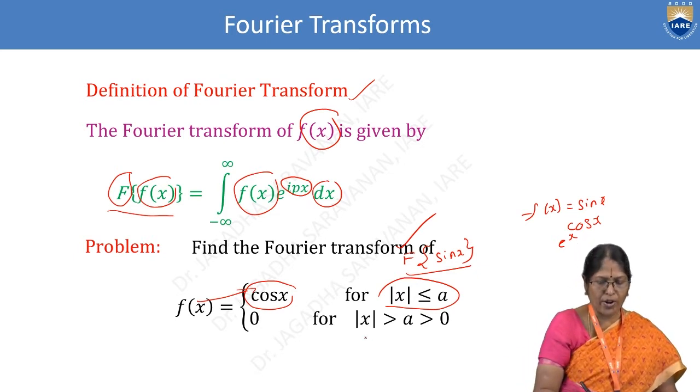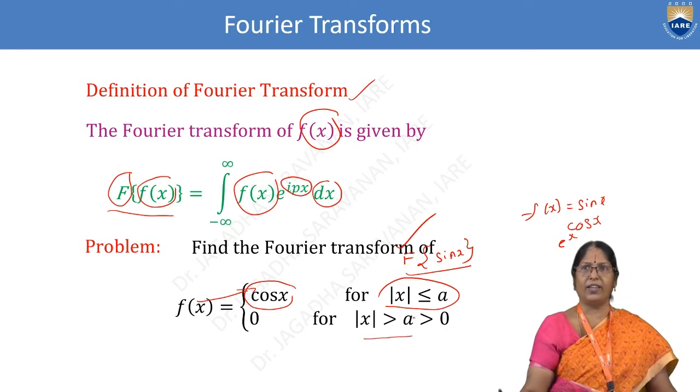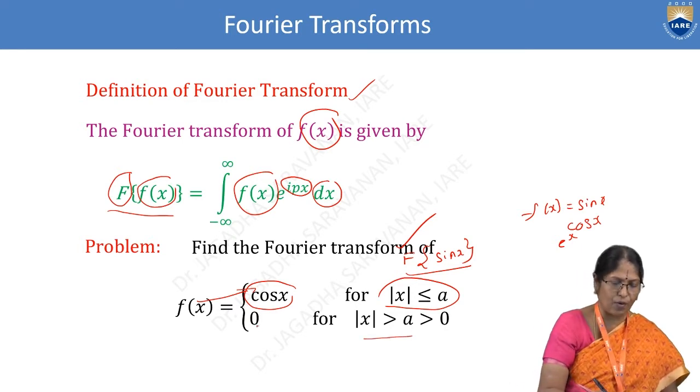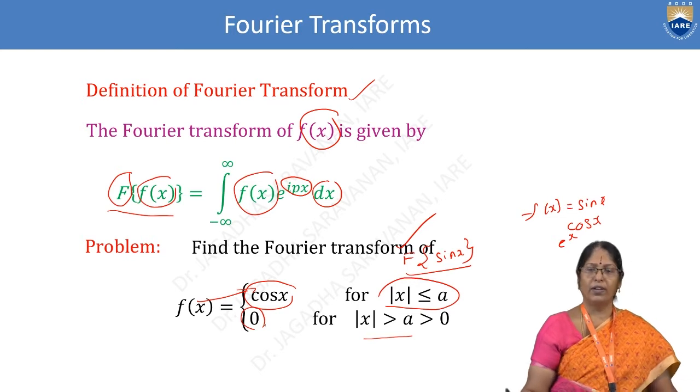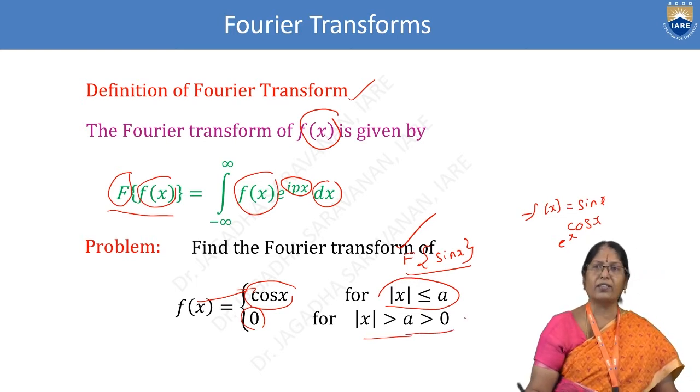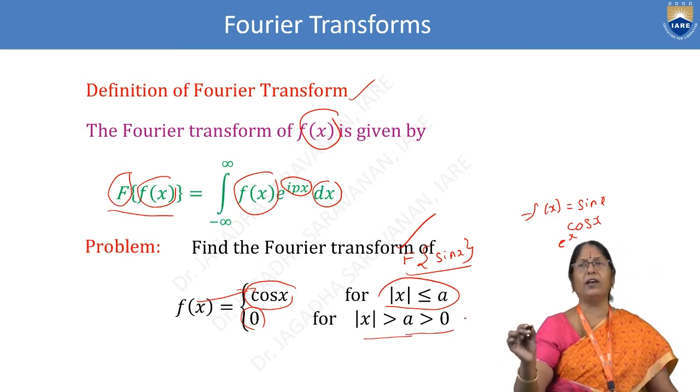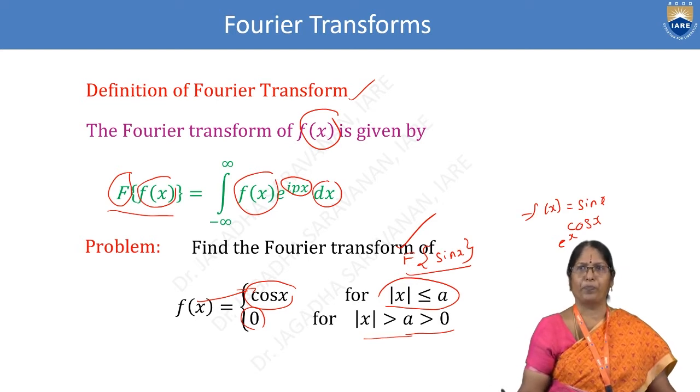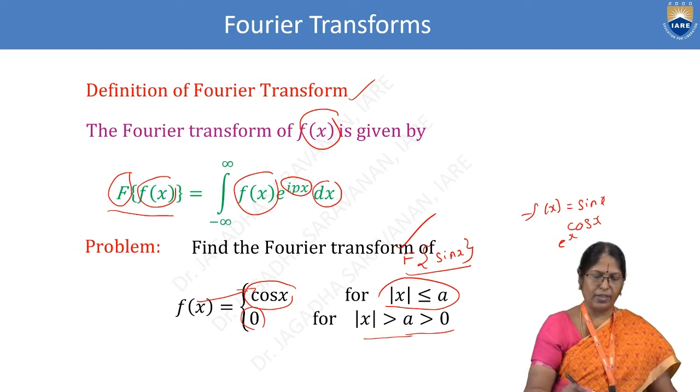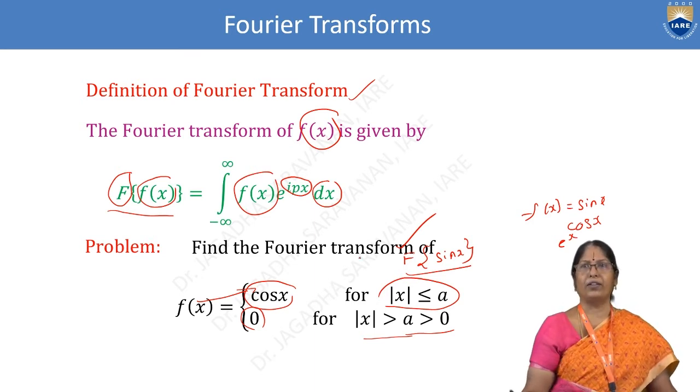Whereas if mod x is greater than a, then f of x is 0. Here a is greater than 0, so mathematically it is a positive number. This is the given question, and we have to find the Fourier transform of this function.